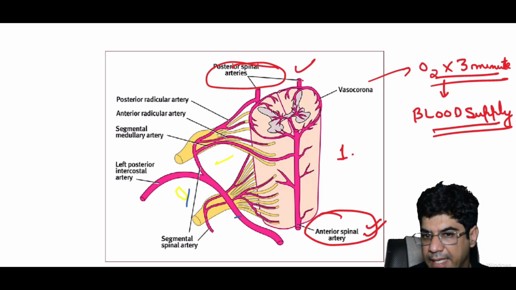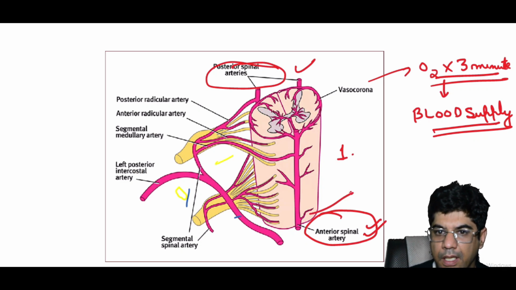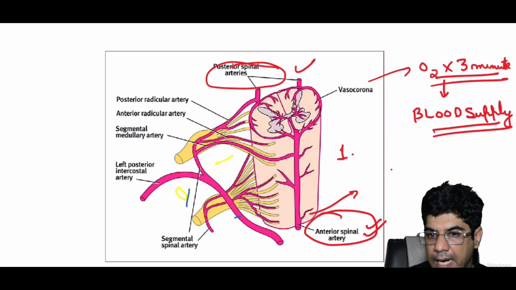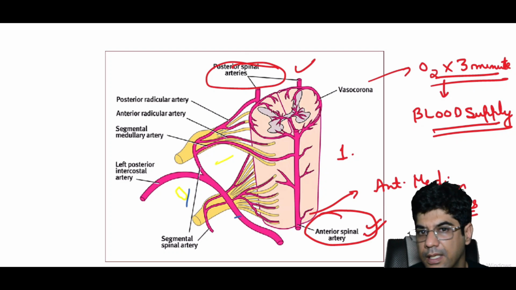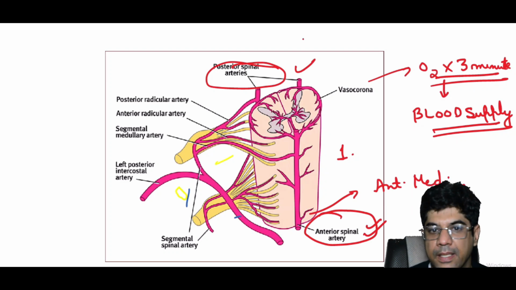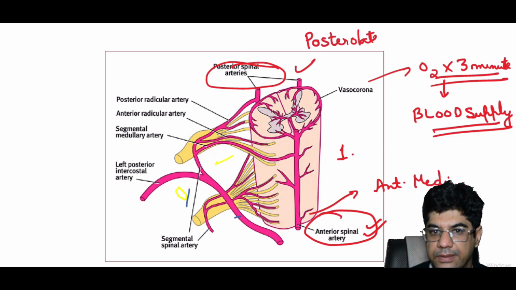So remember this anterior spinal artery, it is located in the anterior median sulcus. And two posterior spinal arteries, remember, they run across the posterolateral sulcus.